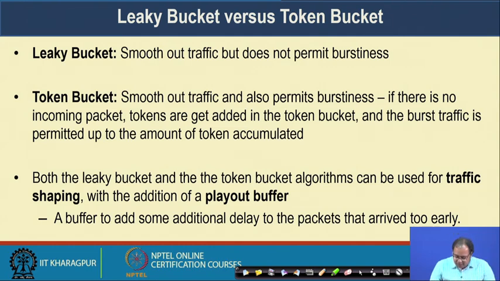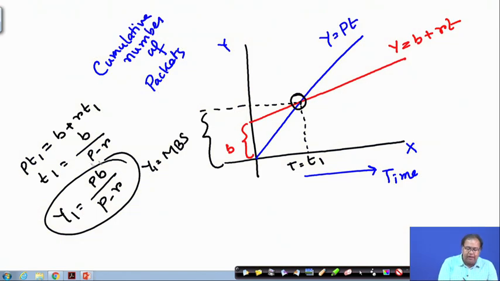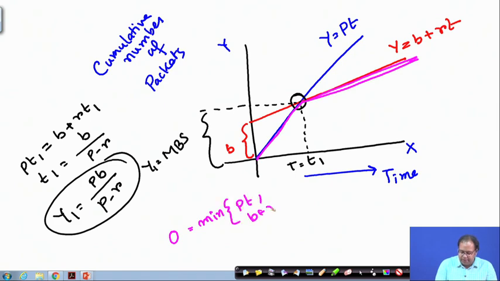So, that particular calculation we did earlier. We actually calculated the amount of tokens that can get accumulated up to this point, because after that it will be your output rate, as we have seen. If we draw the output rate, it will follow this line. Whenever PT is less than B plus RT, your output O will be equal to the minimum of PT and B plus RT.